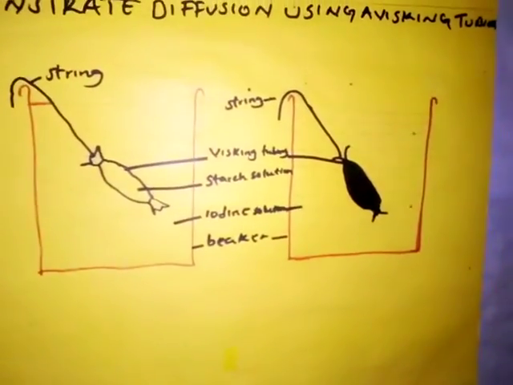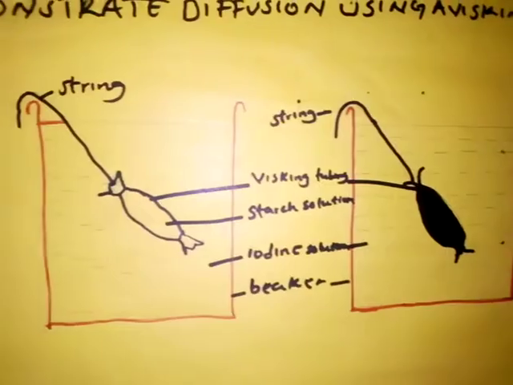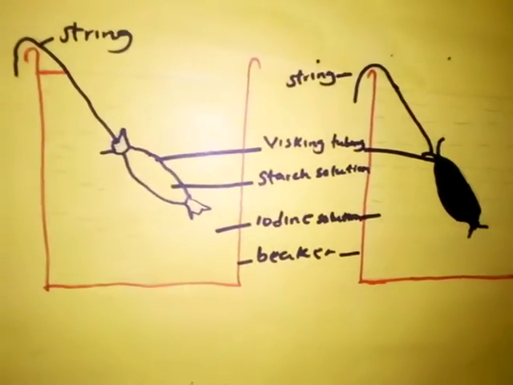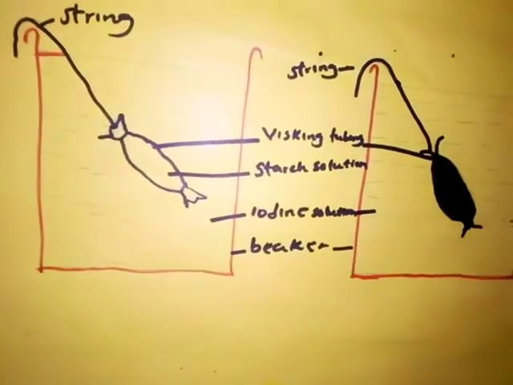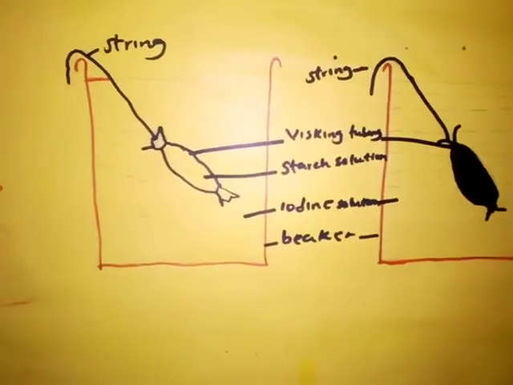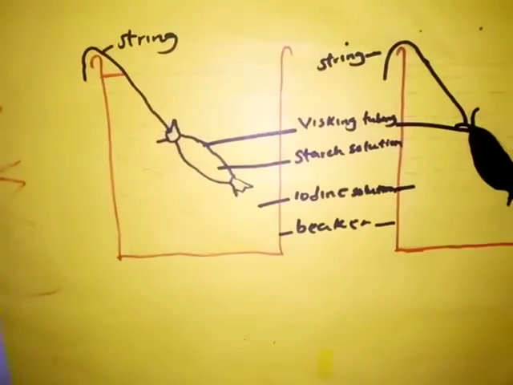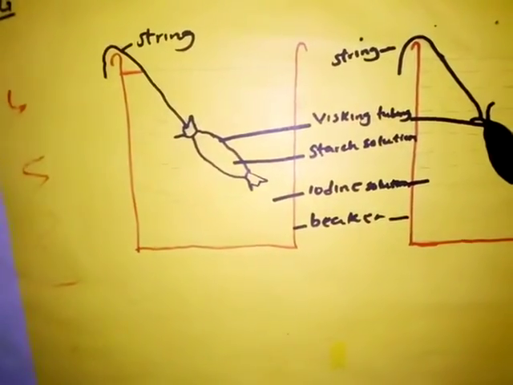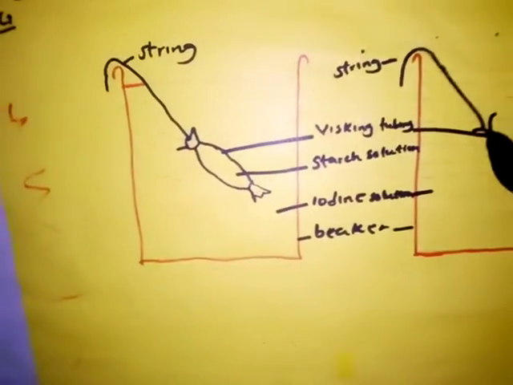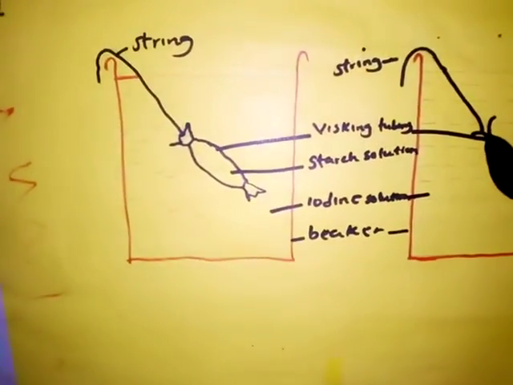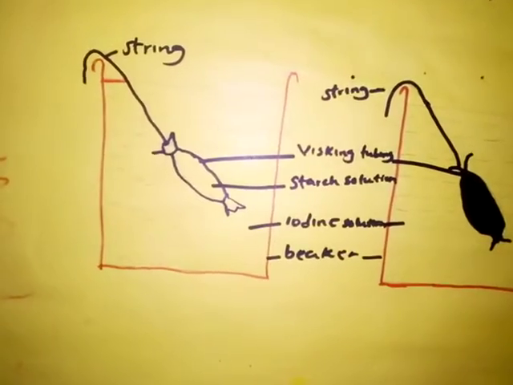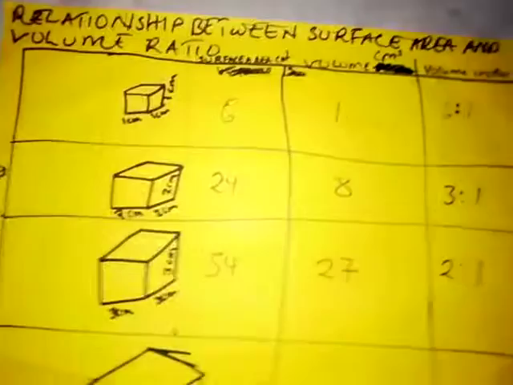Now this implies that a small organism always exposes a large surface area to the surrounding when compared to big organisms. So we have a table, and we'll compare the volume ratios of different organisms depending on size.